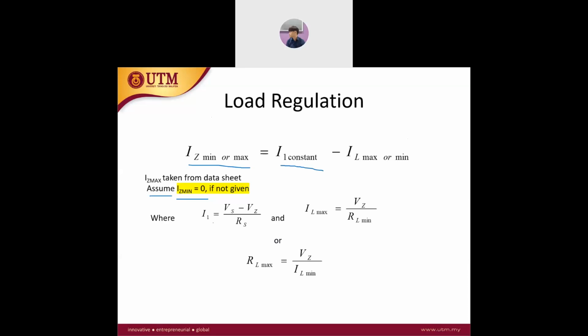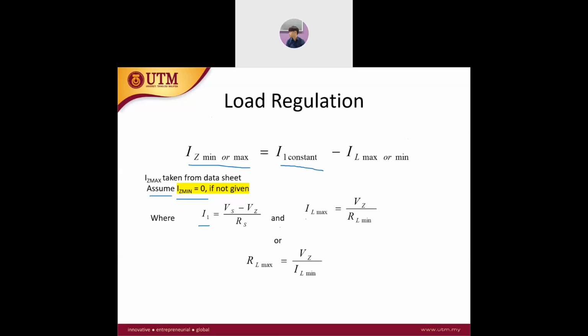Beyond this, or bigger than this IZ min, the diode behaves just like a regular diode. If IZ min is assumed to be 0, then we get I1 equals Vs minus Vz over Rs. You can try this at home for the previous circuits; the rule that we apply here is the voltage divider rule.